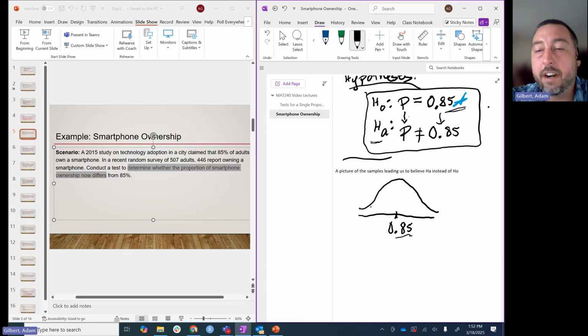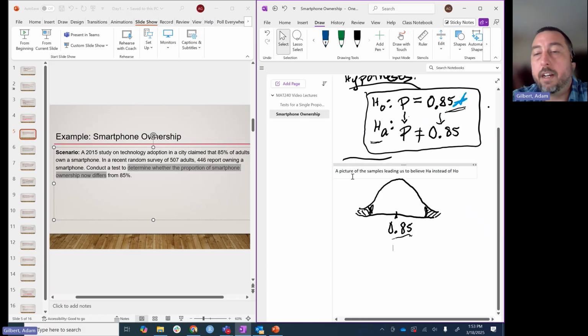So if we get a very, very low sample proportion, one of these down here, or a very, very high sample proportion, one of these samples up here, then these are unlikely samples, and they'd lead us to question whether 85 actually is the number in the center of this distribution, or if that number in the center is something different. And that's really what we're trying to figure out here.